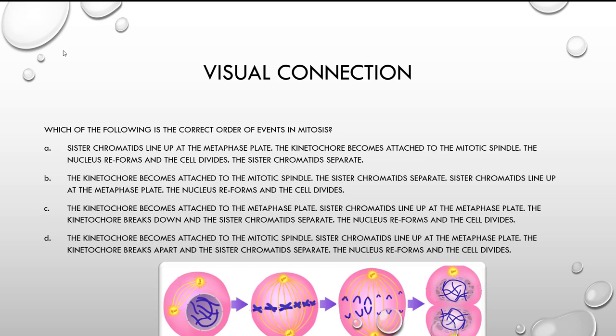The first possible answer: the sister chromatids line up at the metaphase plate, the kinetochore becomes attached to the mitotic spindle, the nucleus reforms and the cell divides, and the sister chromatids separate. Is that the correct order? No.